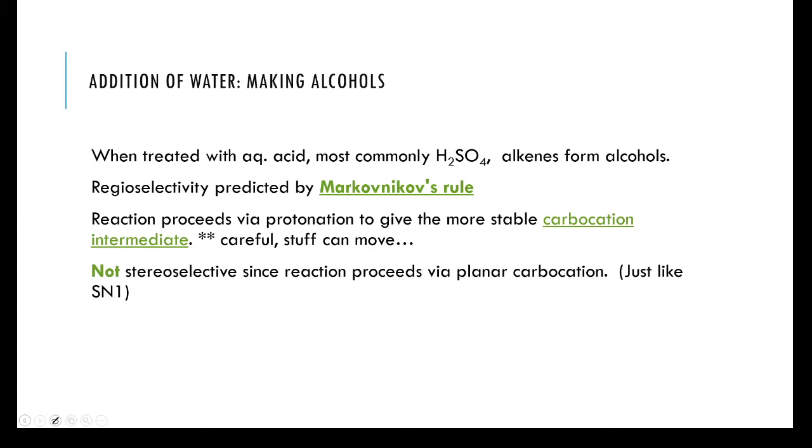So alkene, if we were keeping a table, with an acid, specifically H2SO4, we're going to create an alcohol. Markovnikov's rule still exists, and we don't have to worry about stereochemistry. But with the carbocation intermediate, you have to look for hydrogen and methyl shifts.